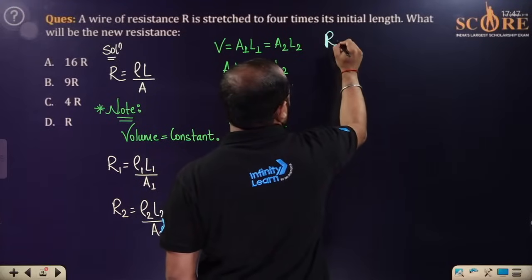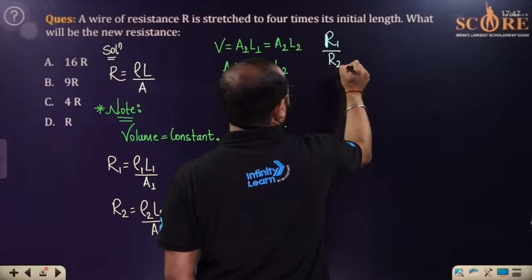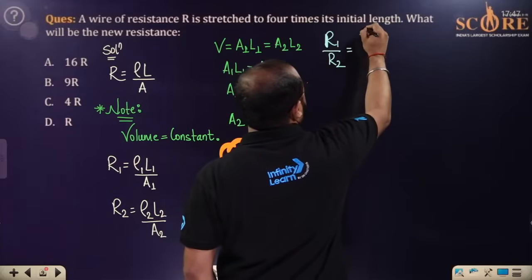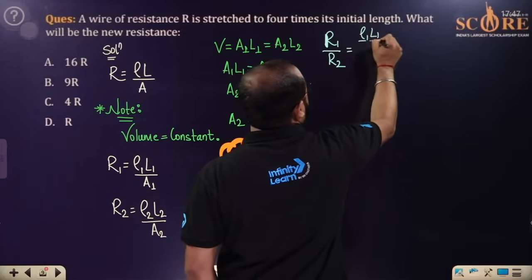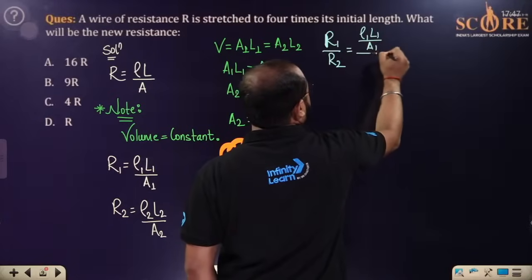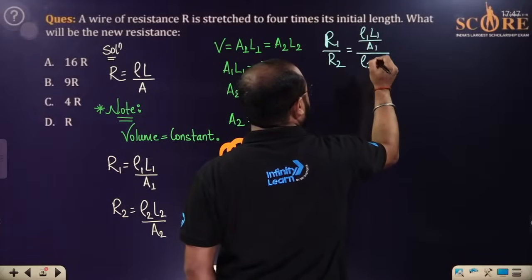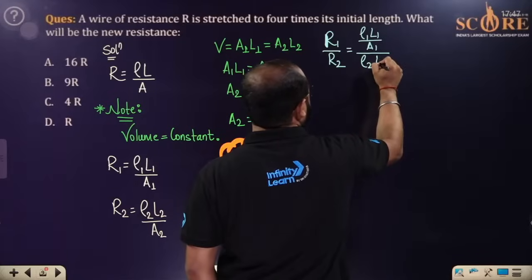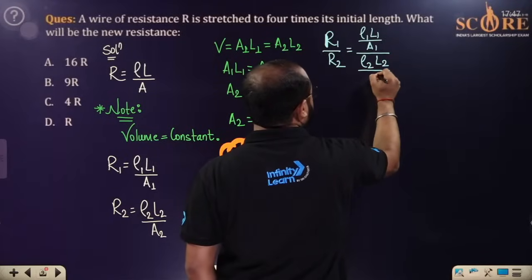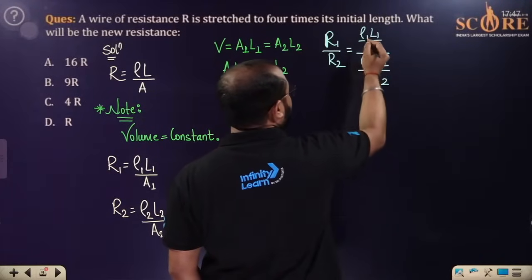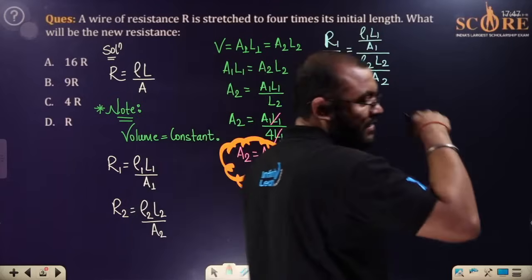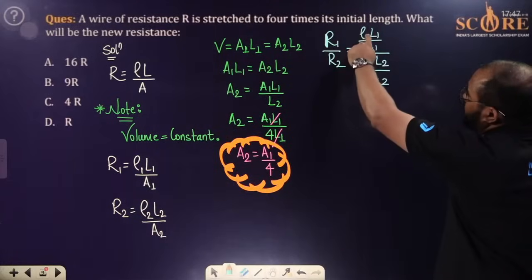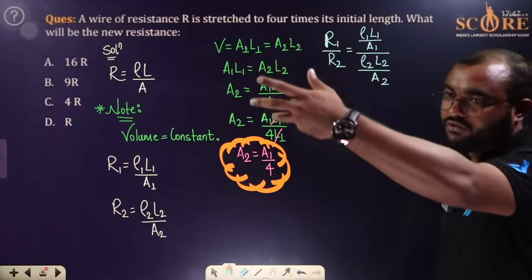R1 by R2 will be equal to, what is R1? That is density 1, length 1 by area of cross section 1, divided by density 2, resistivity 2, length 2 divided by A2. If I have said density, it is because in grade 9 it is also represented as density. Resistivity is totally dependent on the material.